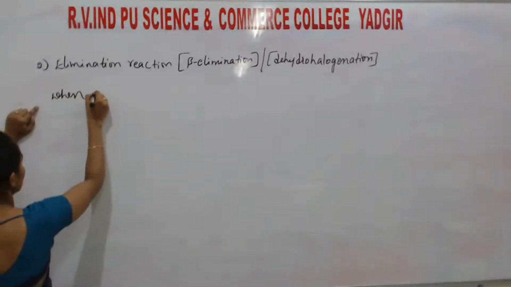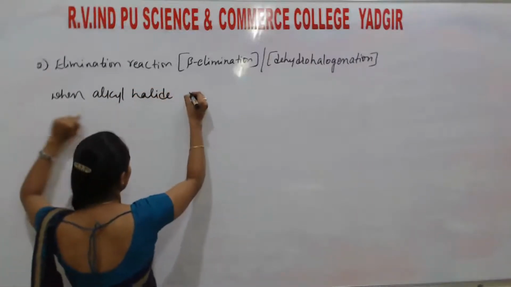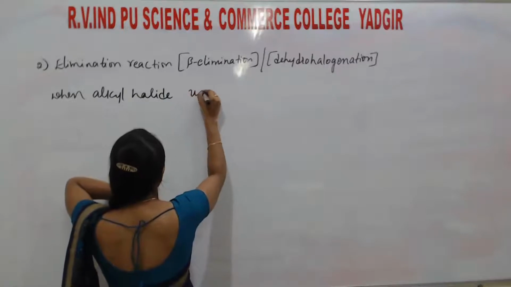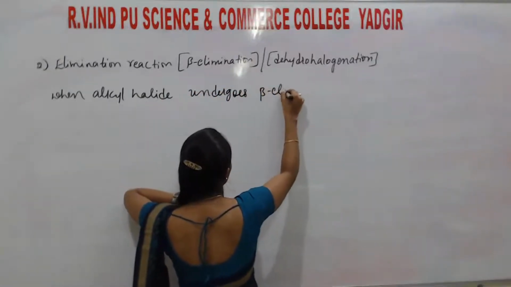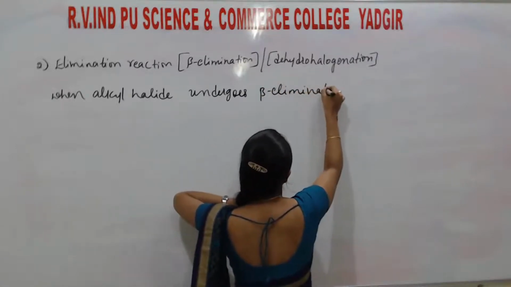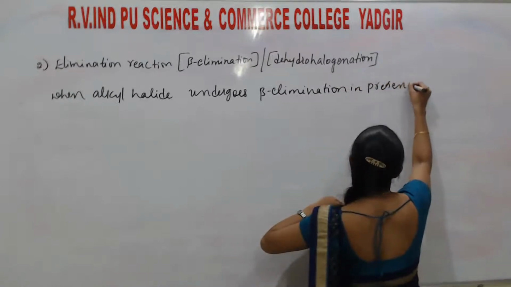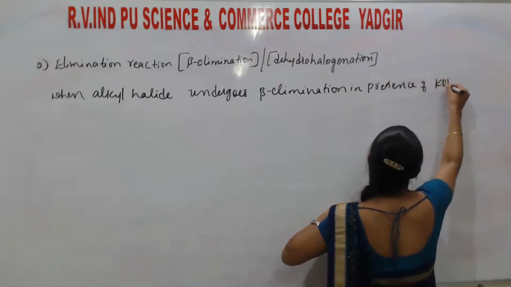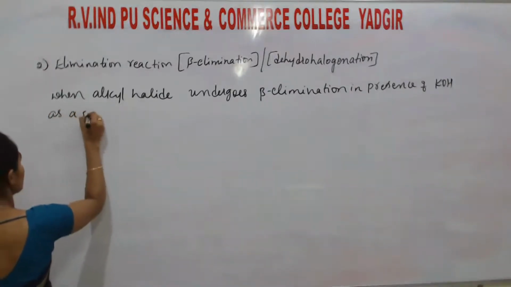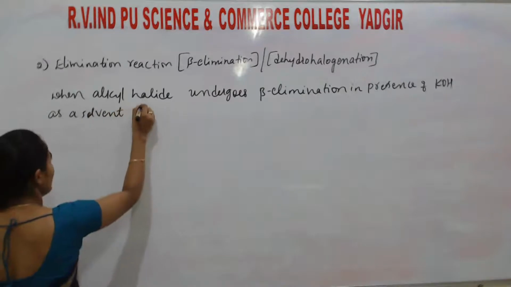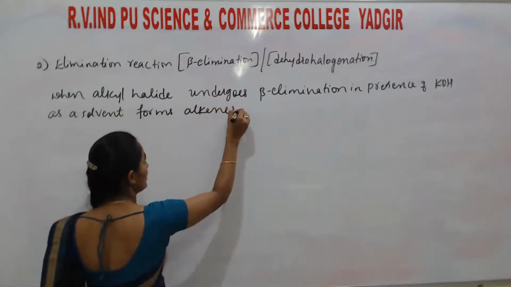When alkyl halide undergoes beta elimination in presence of KOH as a solvent, it forms alkenes.